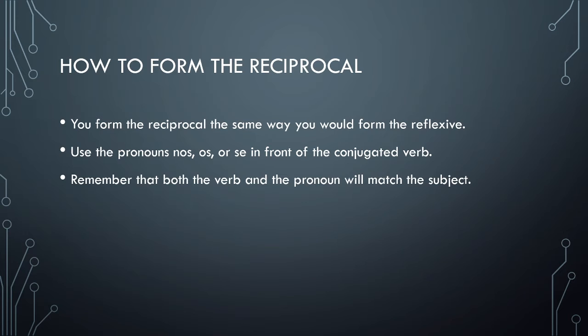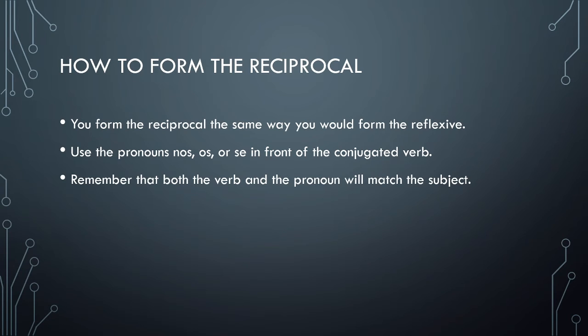The other thing, make sure that you remember, is that both the pronoun, the nos, the os, or the se, and the verb have to match the subject. So they will always match. If I have the verb in the nosotros form, my pronoun will be in the nosotros form. If I have the verb in the ellos form, then my pronoun is going to be in the ellos form.